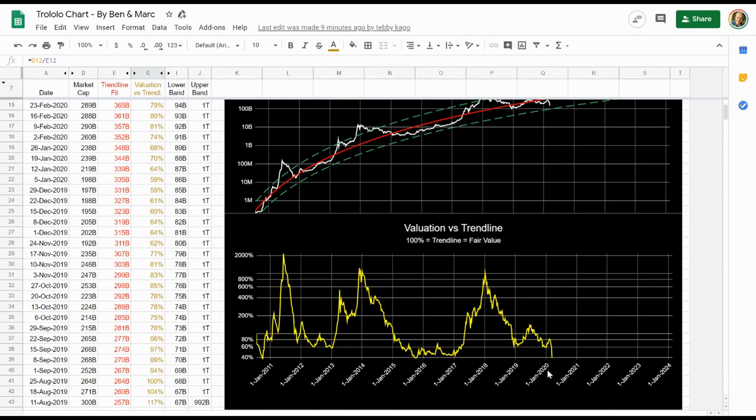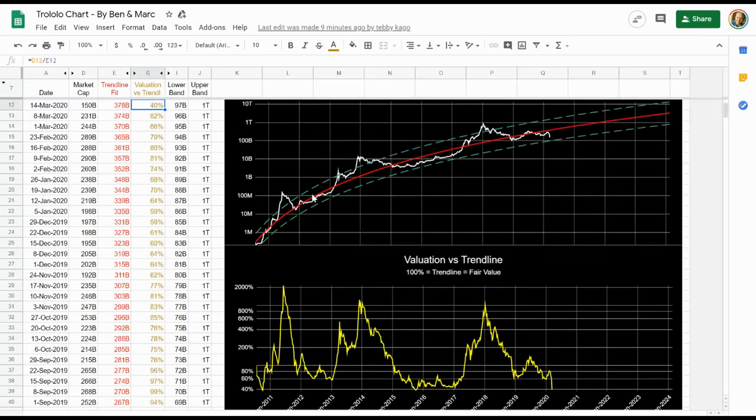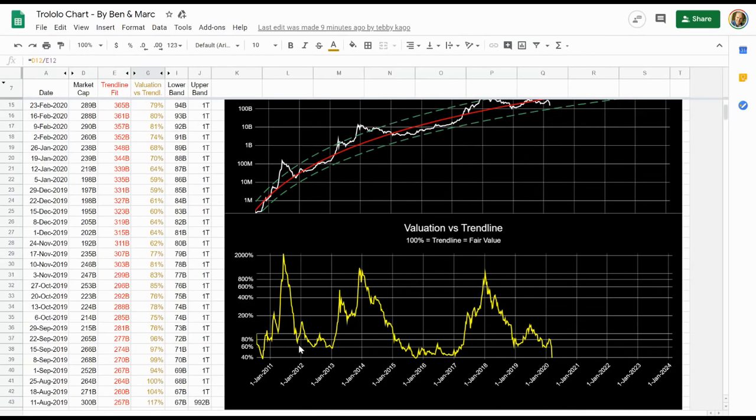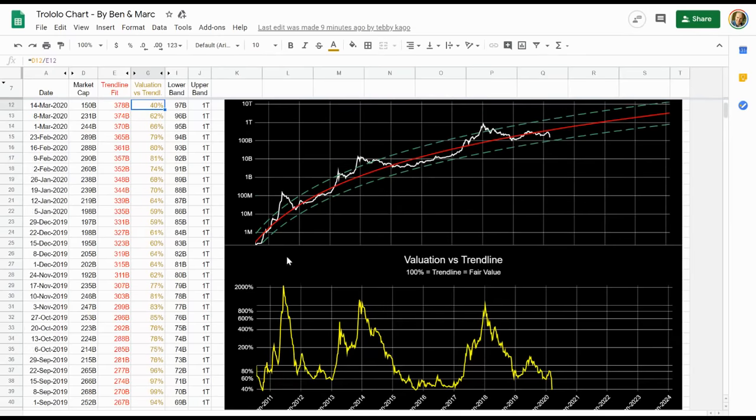The pattern I predicted, looking at previous cycles, is that we always go more below the trend line, so we always make higher undervaluations over time. The other way around, we always go less above the trend line, so every cycle we make less overvaluation.